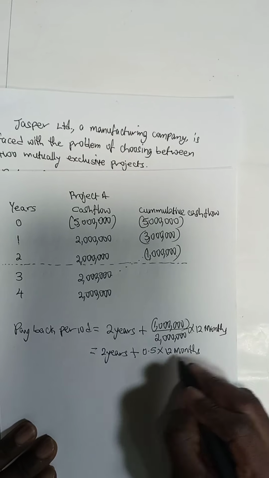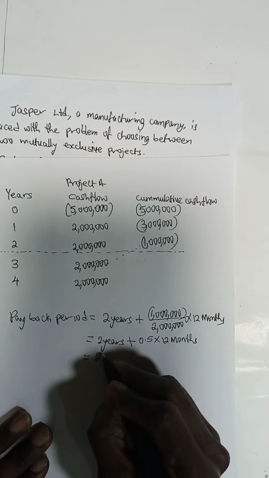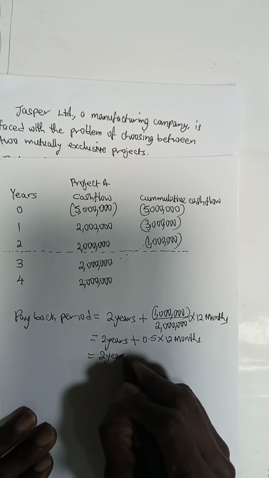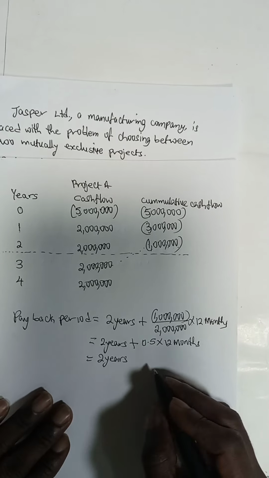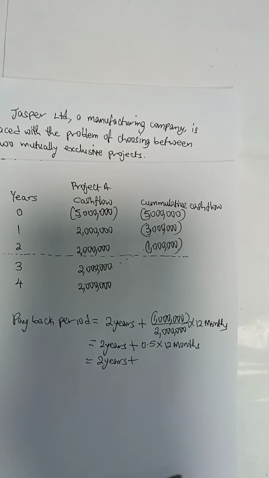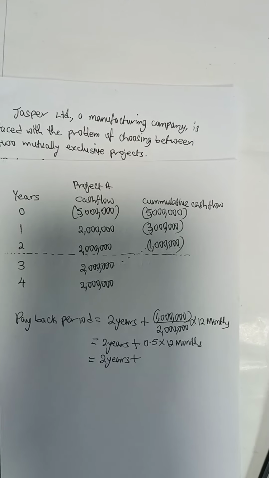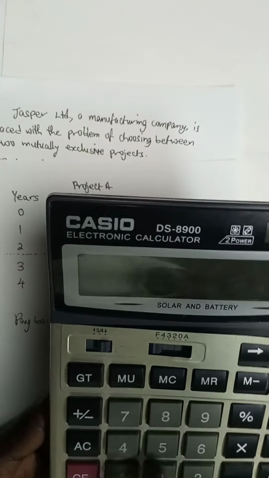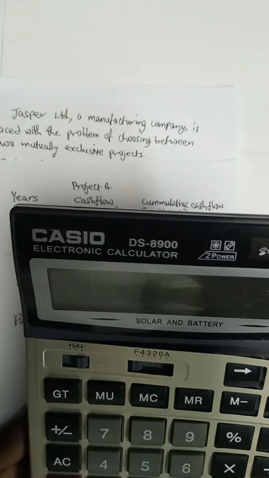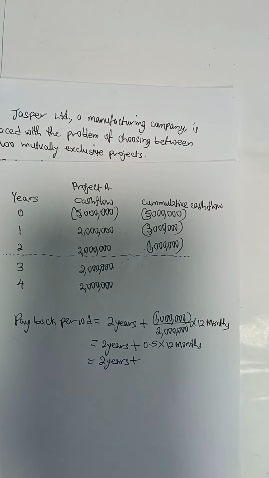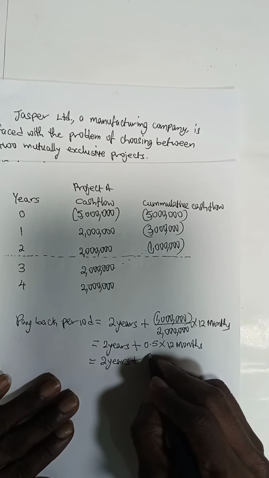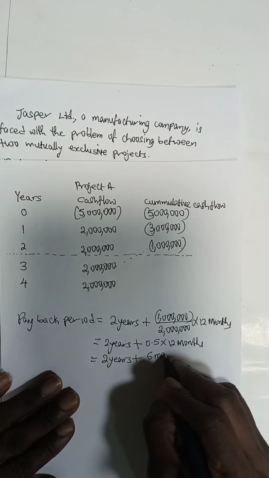So it is equal to 2 years plus 0.5 times 12 months. We use our calculator again: 0.5 times 12 is equal to 6. So it will now be 6 months.